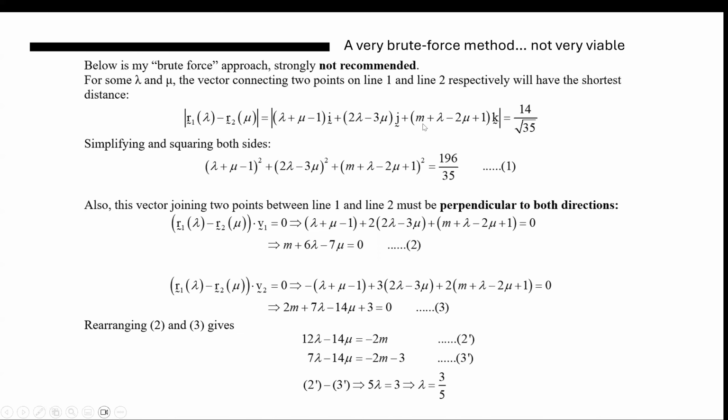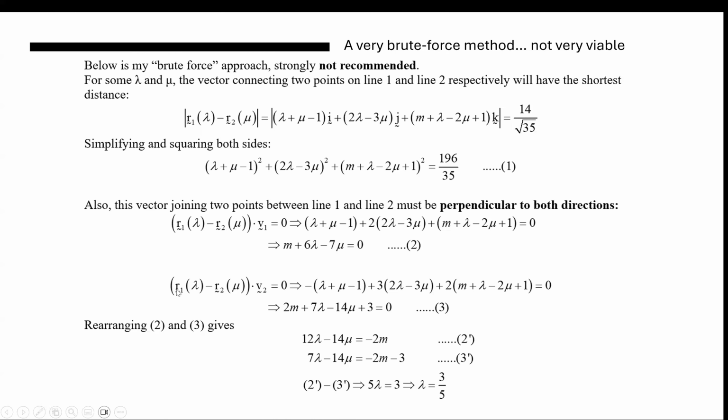So the next thing is, once you're able to form, let's say, a square expression involving m, lambda, and mu, you need two other equations to solve the system, okay? So we will use the vector joining the two points between line 1 and line 2 to take a dot product with the first velocity equal to 0, because it has to be perpendicular to both directions, both lines, to form a shortest distance.